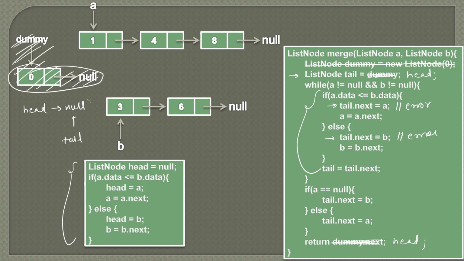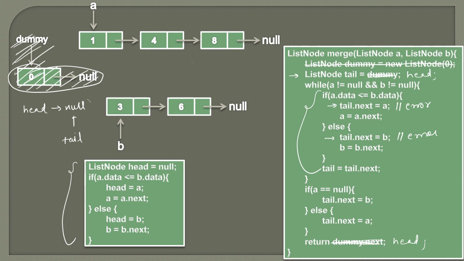Here, as we need one concrete object in the heap and we don't have to use this dummy object, to get one of the concrete objects from these two lists, we do the first comparison outside this while block. Here we check a dot data less than b dot data.